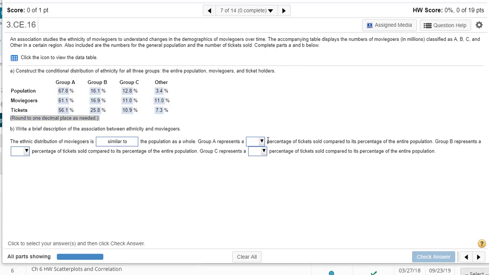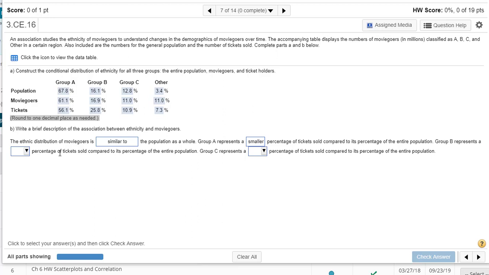And so let's look at our choices. So Group A, the tickets sold is smaller than the whole population, correct? So 56.1 is definitely smaller than 67.8. Group B represents, so now look at Group B, and you kind of have to finish the sentence, right?